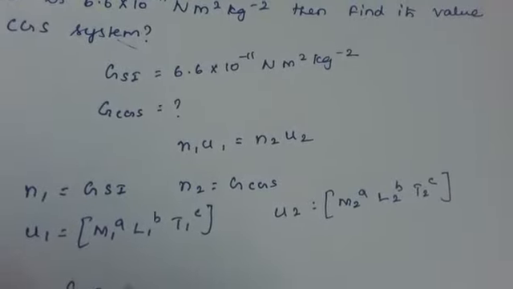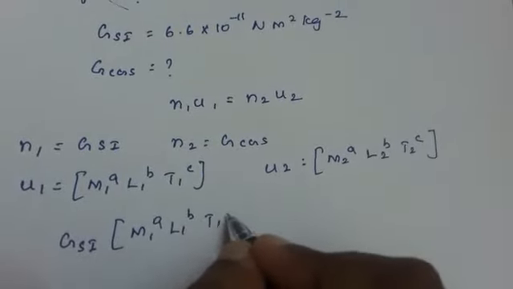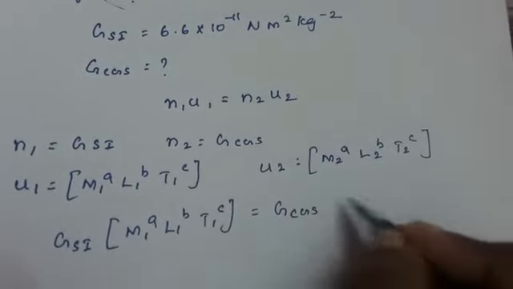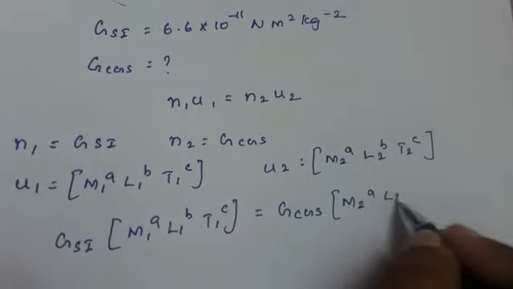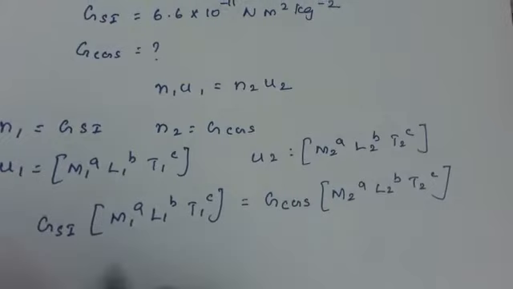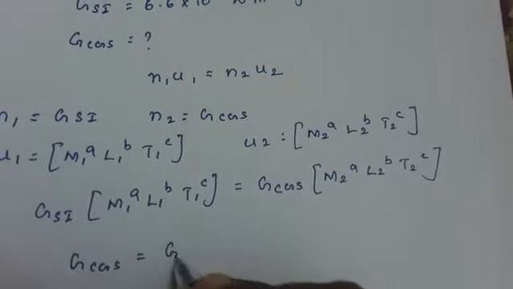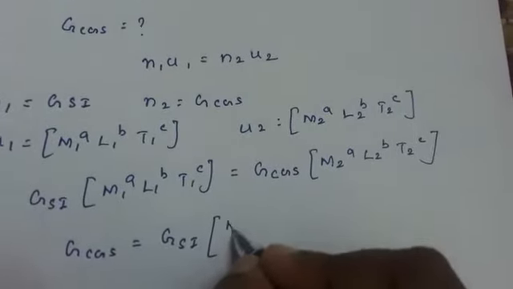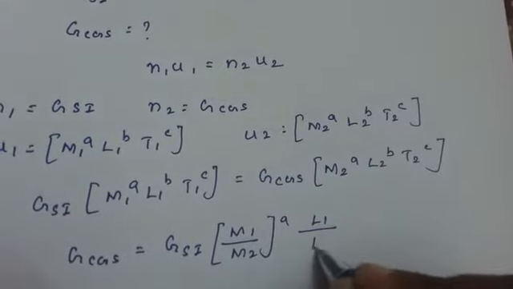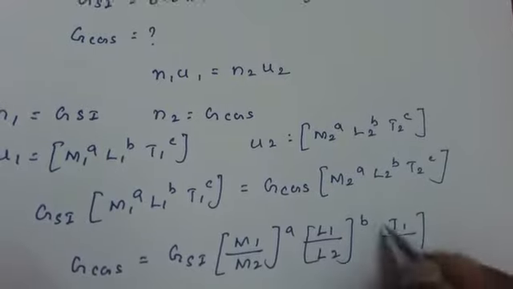G in SI into M1 raised to A, L1 raised to B, T1 raised to C is equal to G in CGS, M2 raised to A, L2 raised to B and T2 raised to C. Now what we have to find out is G in CGS. So G in CGS is equal to G in SI into M1 by M2 raised to A, L1 by L2 raised to B and T1 by T2 raised to C.